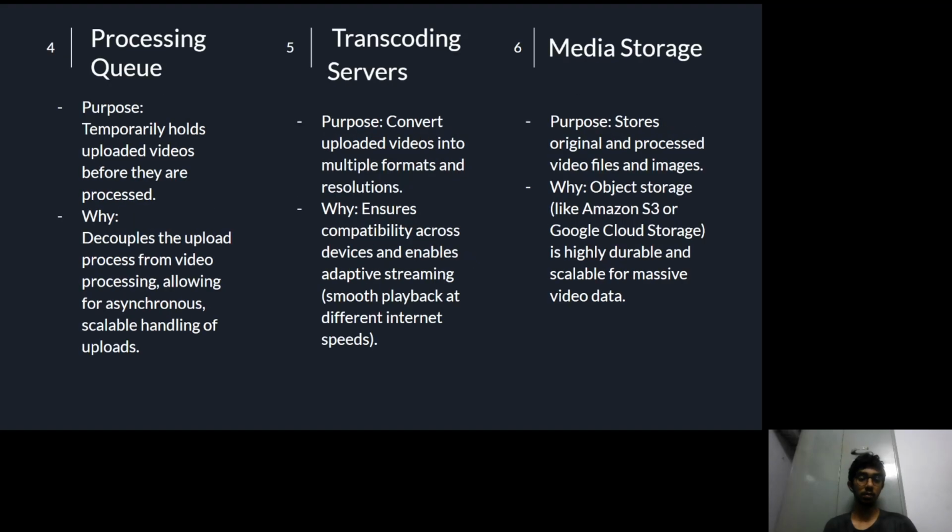Then we will come to processing queues, transcoding servers, and media storage. So first, processing queues. When you upload a video, it's first placed in a queue. This decouples the upload process from video processing, allowing YouTube to handle uploads asynchronously and at scale. What asynchronously basically means is that it doesn't go one by one, but rather it happens in parallel.